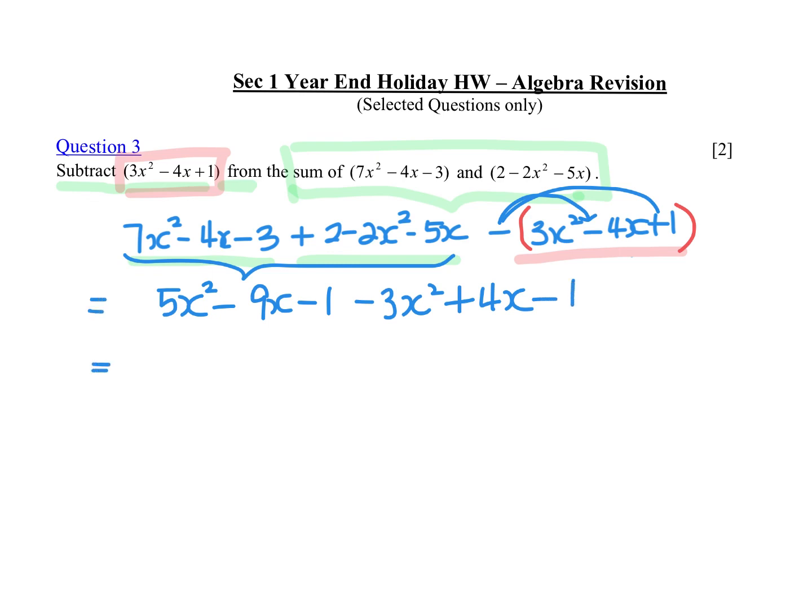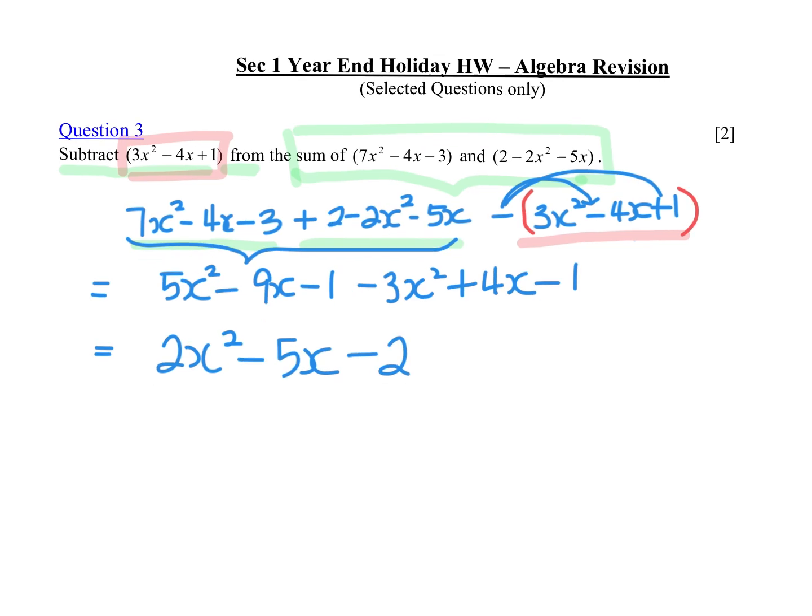Okay, and then we further simplify our expression to get 2x squared. Now minus 9x plus 4x is not minus 13x, so it's subtract 9 plus 4, so you get a negative 5x and minus 2. So if you're not sure of your calculation, please make sure you use a calculator. Okay, so that's it for the first question.